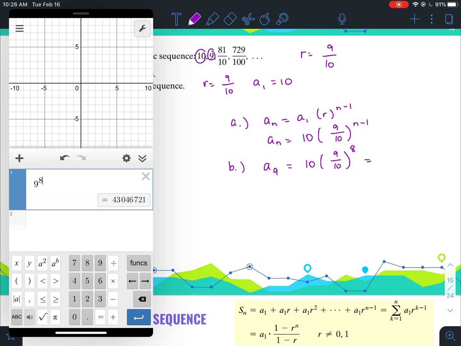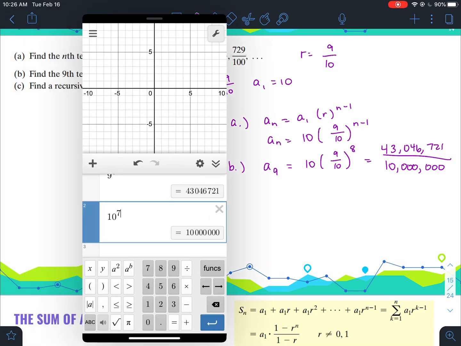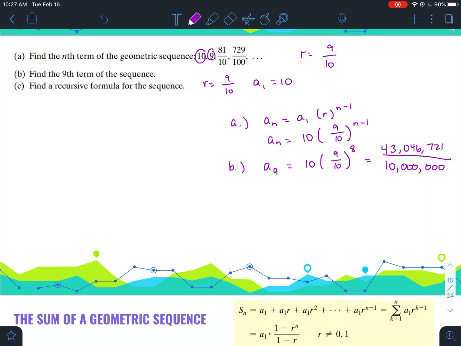And so we get 43,046,721 over 10 to the 8th, and 10 would make 10 to the 7th, and then 10 to the 7th power, and we would get 10 million. So without reducing, we would get 43,046,721 over 10 million. And that would be the ninth term in that sequence.